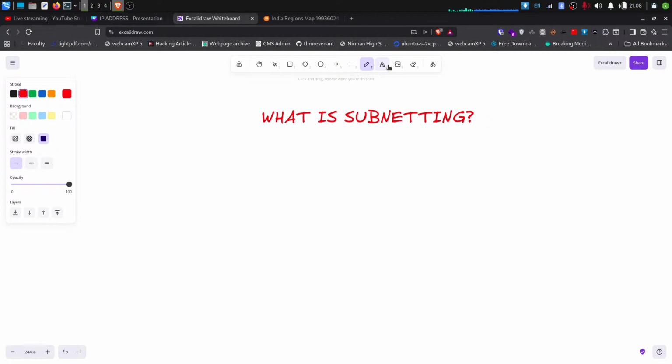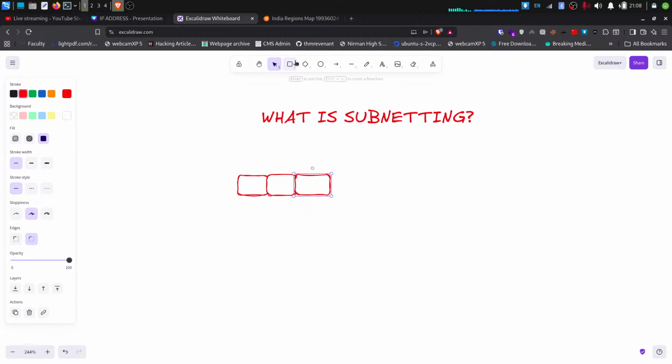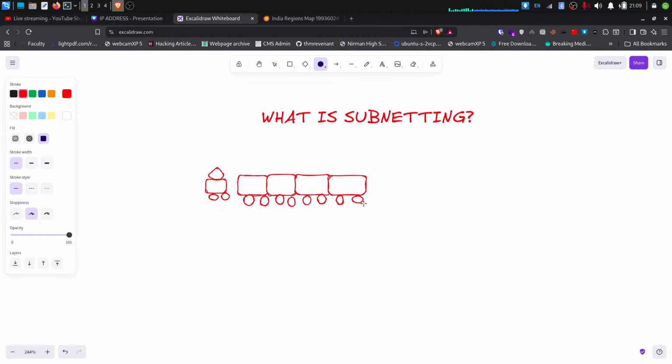Are we clear with that? Now I'll give you a simple example here. For example, there's a train engine, and this is a train which is connected with this.